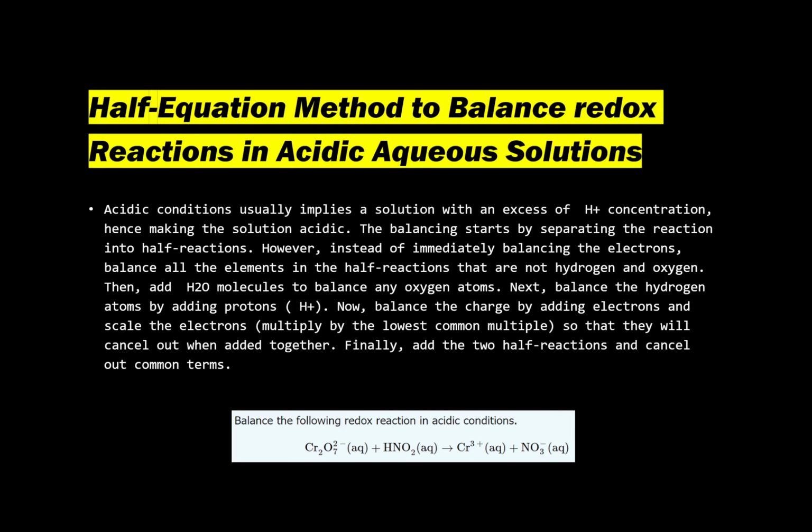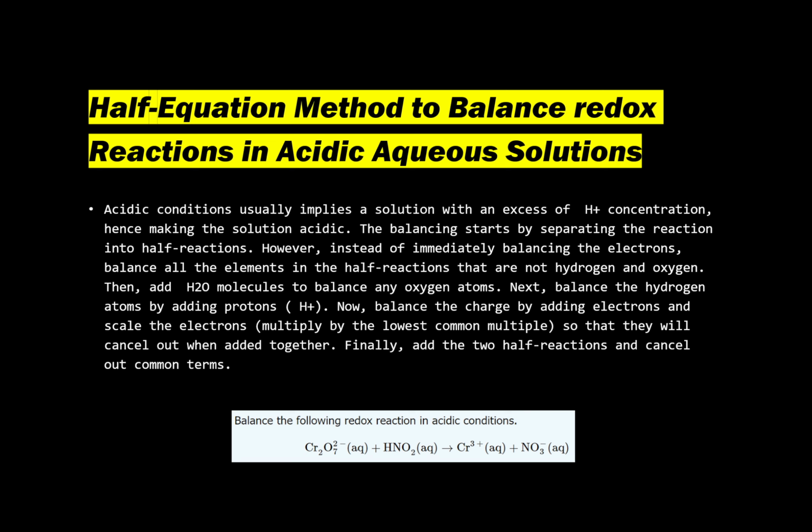But let's look at acidic aqueous solutions. Acidic conditions usually implies that the solution has excess proton concentration, hence making the solution acidic. Balancing starts by separating the reaction into half equations, that's always what we do because it's the half equation method. However, instead of immediately balancing the electrons, we balance all the elements in the half reactions that are not hydrogen and oxygen.